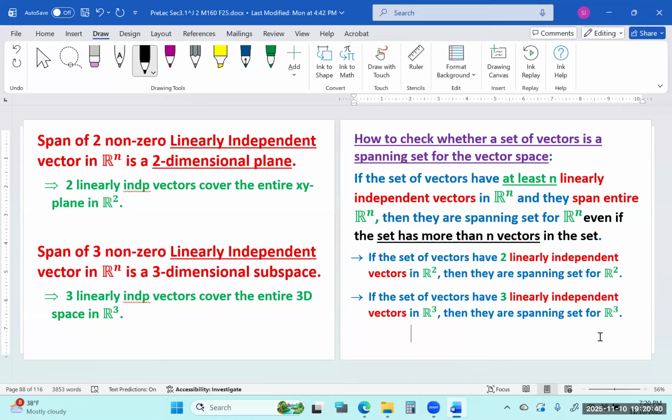So you need at least n linearly independent vectors to span the entire space. You can have more, but we don't care about the more. We need at least n independent vectors in your Rn space to cover the entire space.